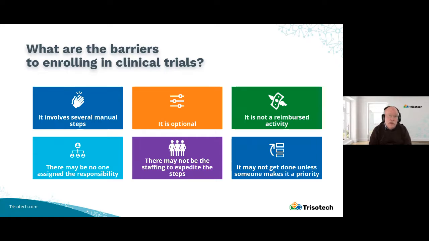Well, there are several possibilities, and each depends upon the practice situation that you're in. If you're in certain specialties, such as oncology, where clinical trials are an integral part, usually it's a little bit easier to get the information out.